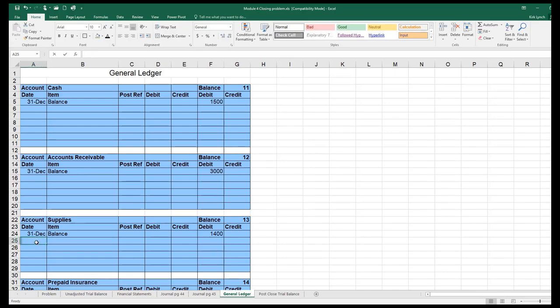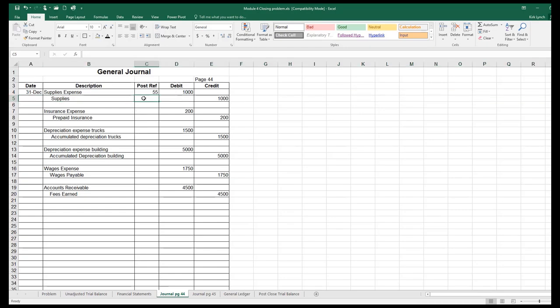And on the 31st, we have an adjusting entry. It came from page 44 of our general journal, and it's a credit for $1,000. That does make our balance a debit of $400. And then we need that account number right there, 13. And back in our journal, we put 13 in the posting reference column.